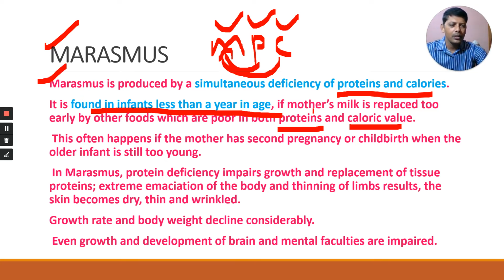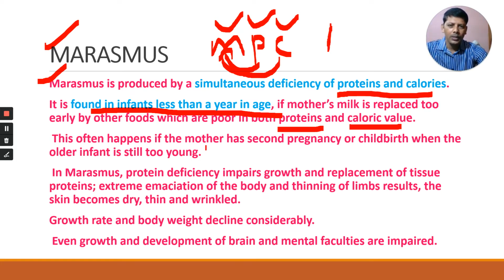If a child is weaned at an early age, that means the mother stops feeding the baby and the child is given food poor in proteins and calories, meaning carbohydrates and fats, that would result in marasmus, especially in children less than a year of age.